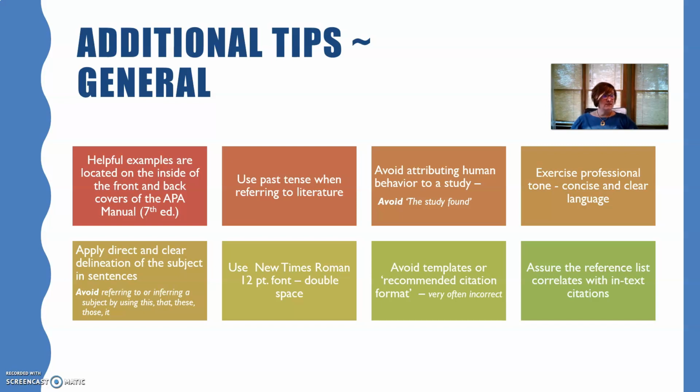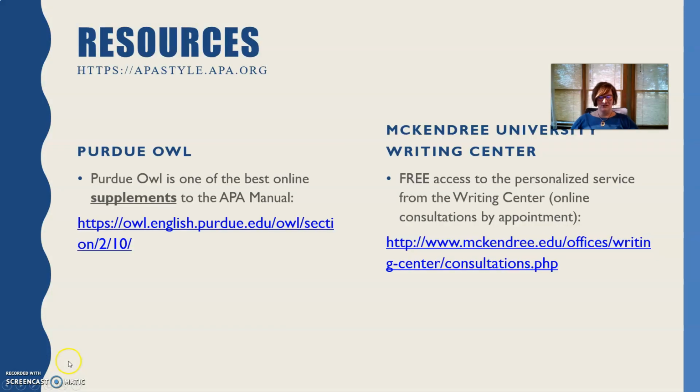You want to avoid templates, even though they say they're APA compliant. That doesn't necessarily mean they're APA compliant. So you want to be very cautious about any kind of templates that you may be using. The other thing is to make sure that all the references in your reference list have a correlating in-text citation, and vice versa. If there's an in-text citation, make sure that there's a correlating resource in your final reference page.